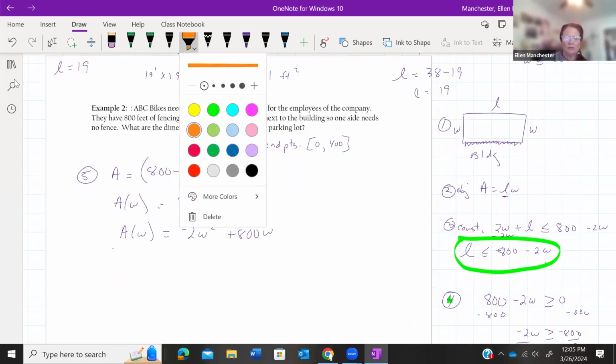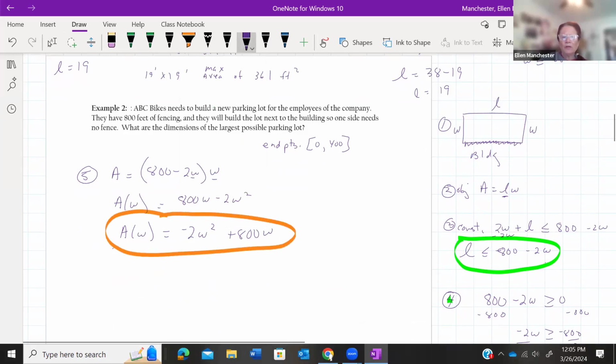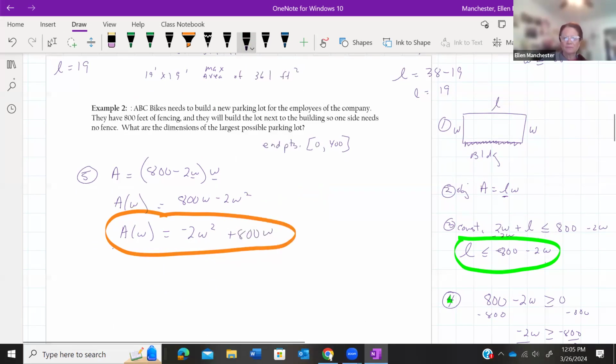Trying to do the same color so that you can connect it. So here's our original function. That's what we're going to go back to. Here's our constraint. We're going to go back to that to find out what our length is once we find out what our width is.